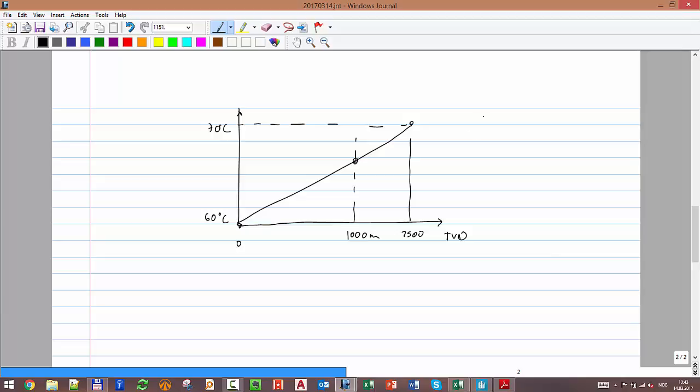So you're saying that 70 minus 60 divided by minus 0 is equal to 70 minus the temperature divided by minus 1000, right? And then we clear up, and we say that number we already have, that number we don't have.